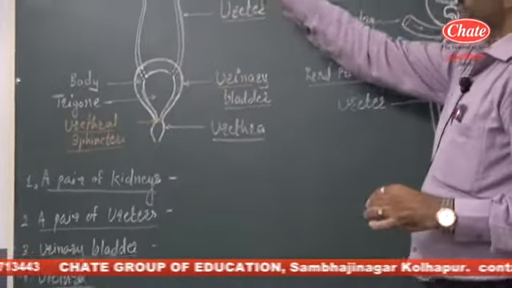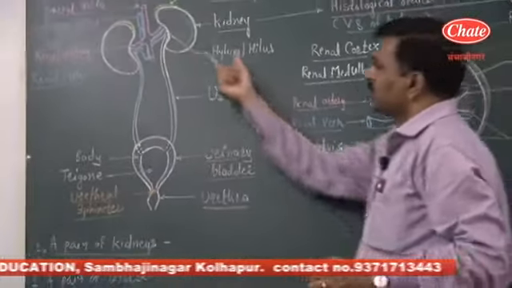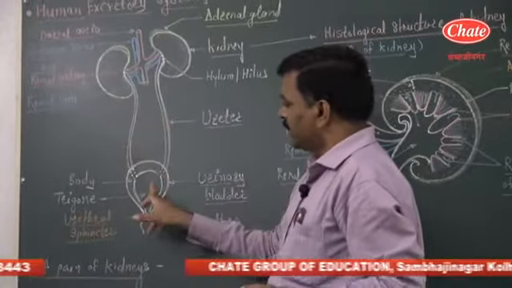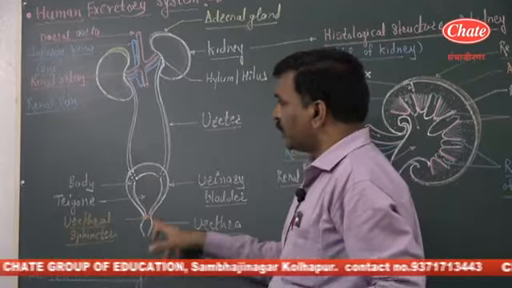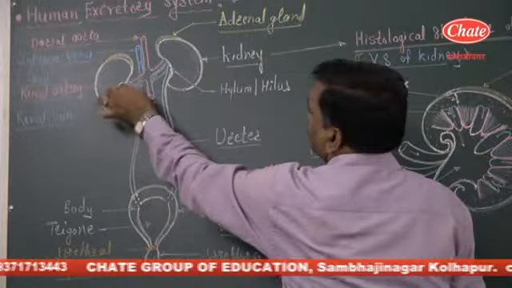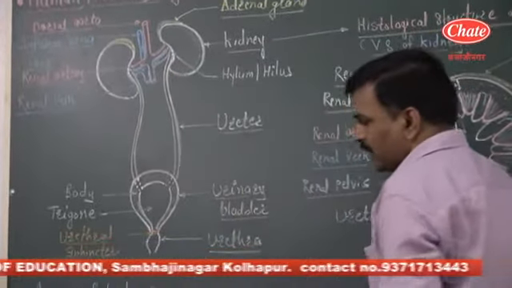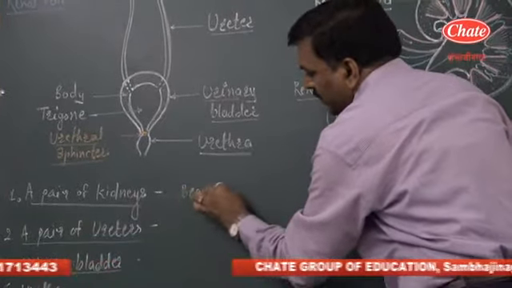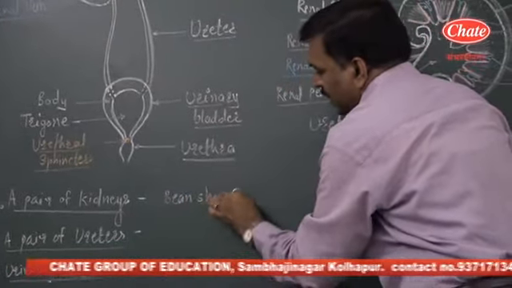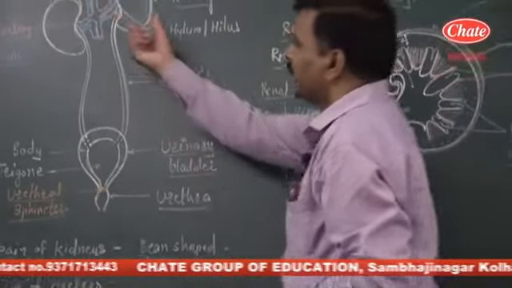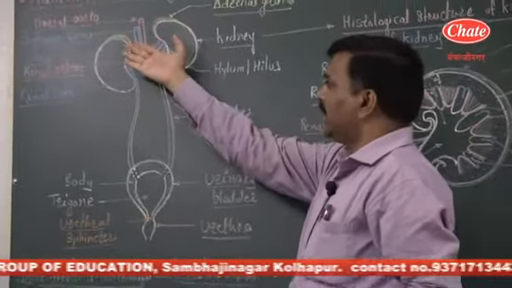Now we want to go into the details of each. Concentrate, this is the pair of kidneys, this is the pair of ureters, the urinary bladder and the urethra. So these are the different parts. Now first concentrate on the pair of kidneys. Kidneys are bean shaped, and these bean shaped kidneys are located in the abdominal cavity, on the dorsal side.